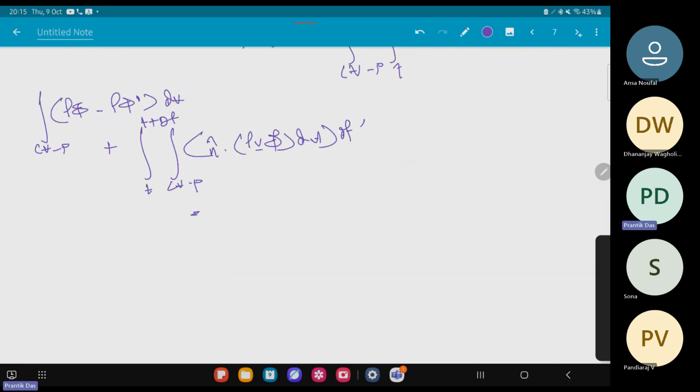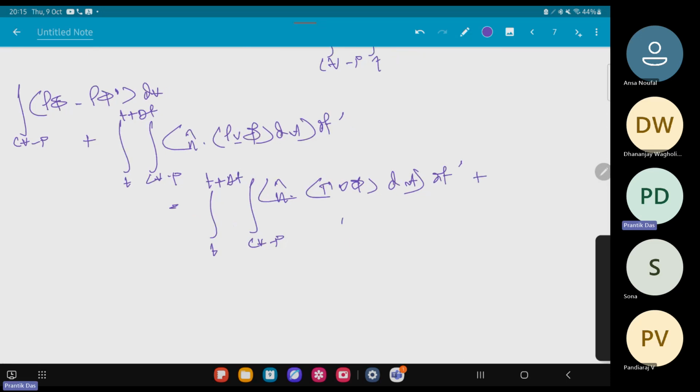This is basically equal to the integral from t to t plus delta t over the control volume surface of n cap dot gamma grad phi dA dt prime plus the source term itself. If the source term is a function of phi itself, but not of the spatial variation itself.